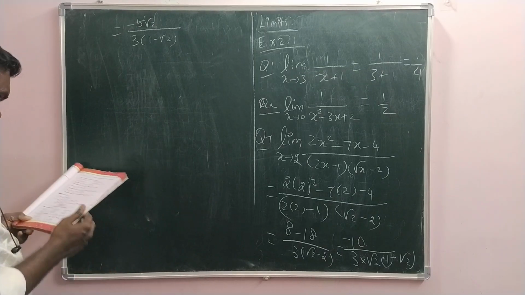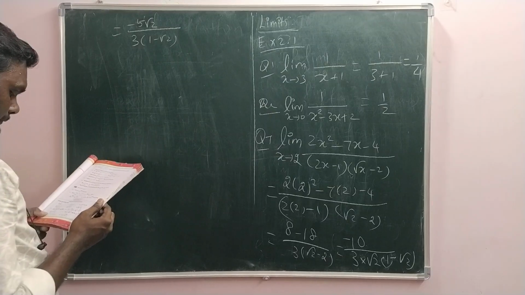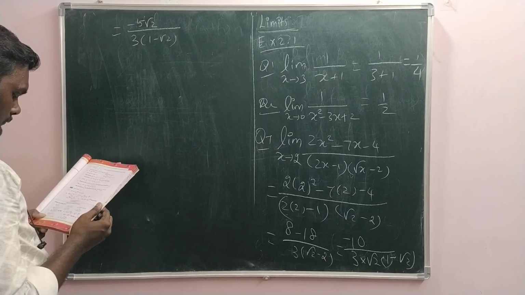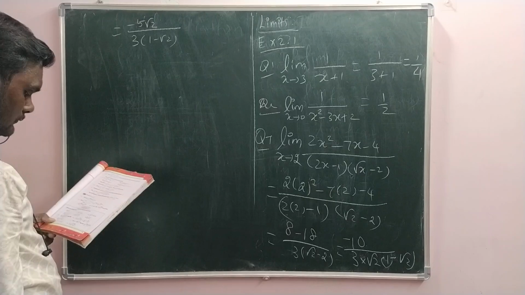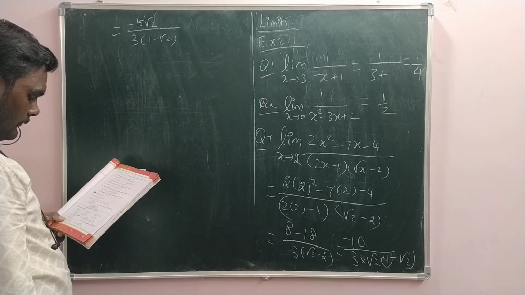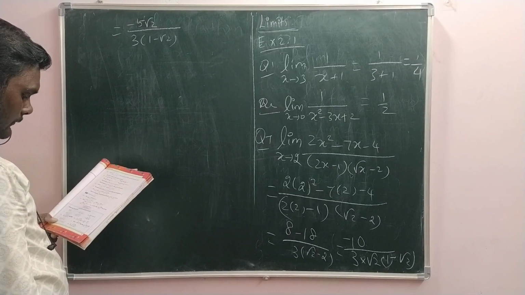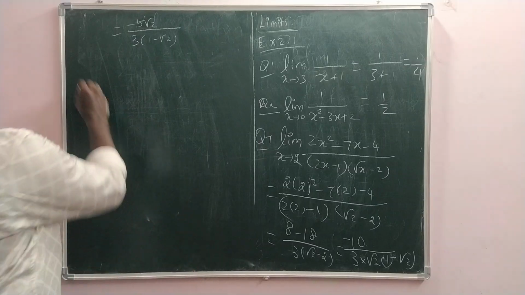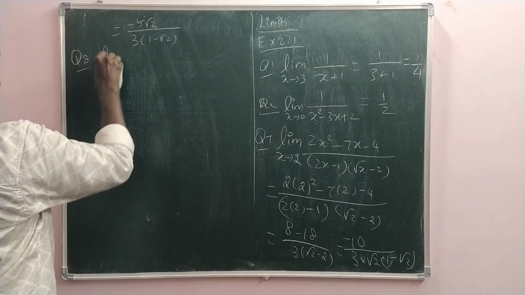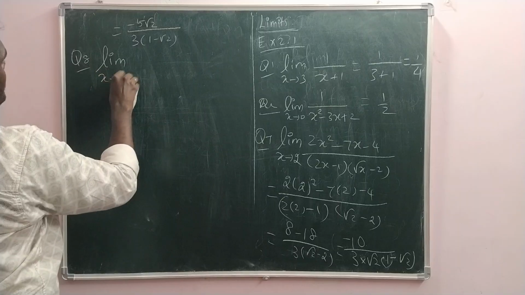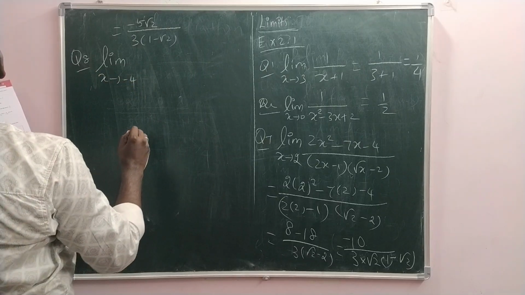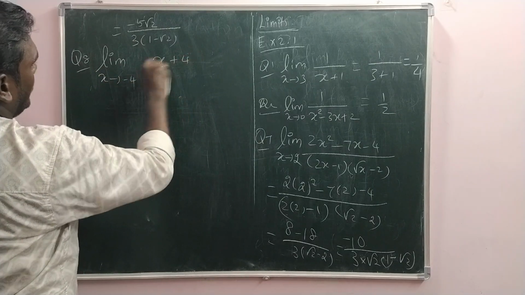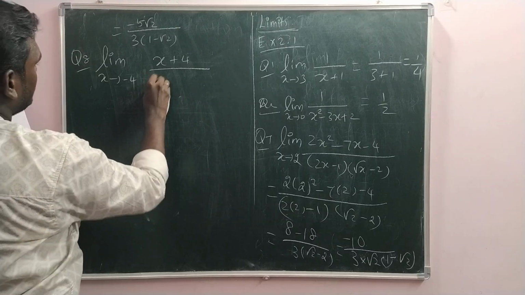Now look into the 8th one. Limit x tends to minus 4, x plus 4.